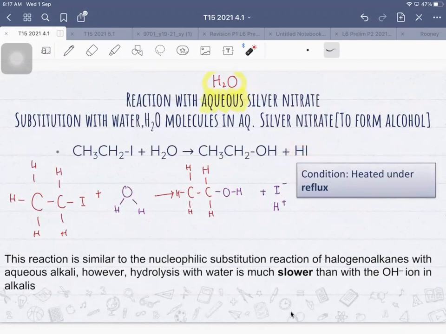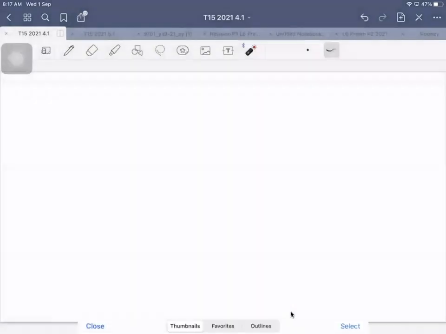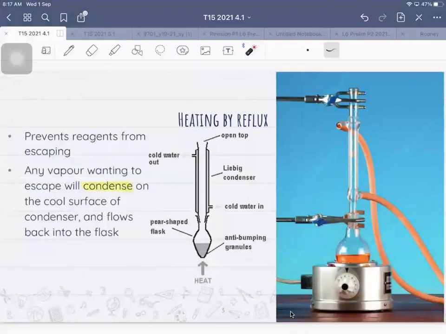So for this reaction, apart from the reagent, you use aqueous silver nitrate, and you only need to heat it under reflux. If you remember reflux, that's set up with your Liebig condenser placed vertically. The great thing about reflux is that any volatile reactants or products that would like to escape cannot.